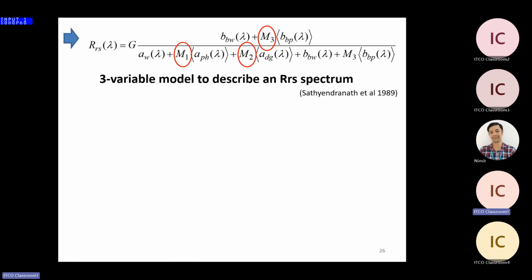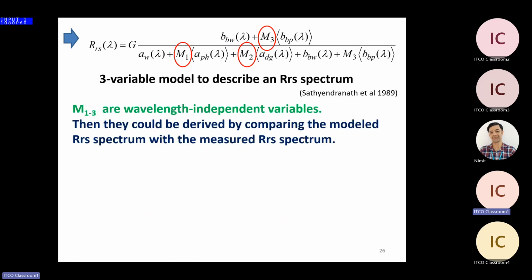This is exactly what Schuba said 30-some years ago. So then we just try to solve for these 3 variables from a remote sensing spectrum.